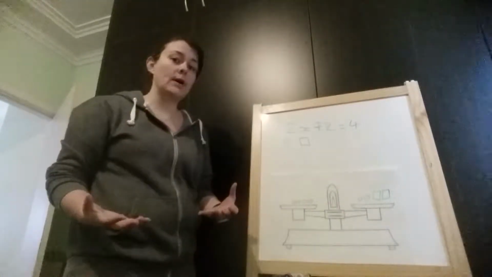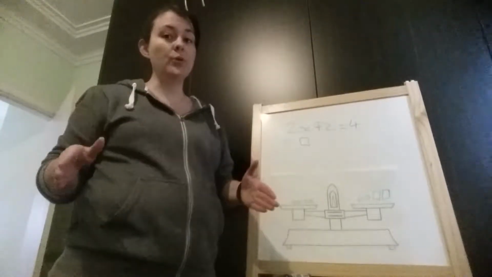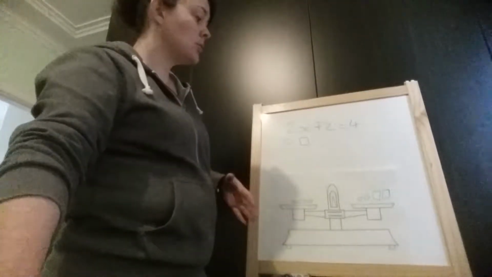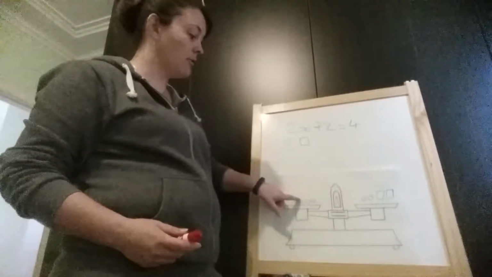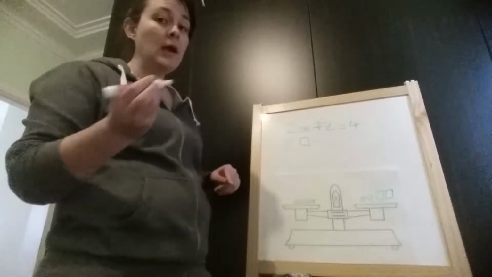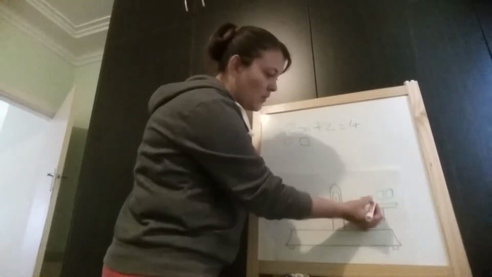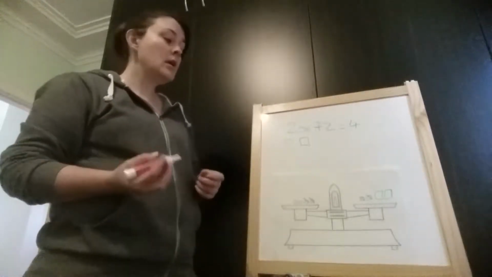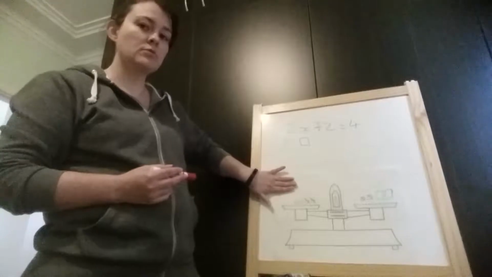So to solve this equation, we need to do the same operation on both sides of our equation. So we can say, okay, we have an extra 2 over here and we've got 4 over here. So what we can do is remove 1 from each side. Now we have 2 squares and 2 circles.